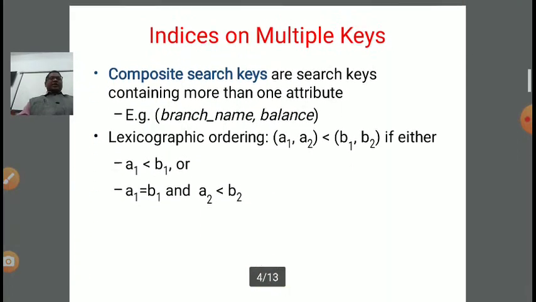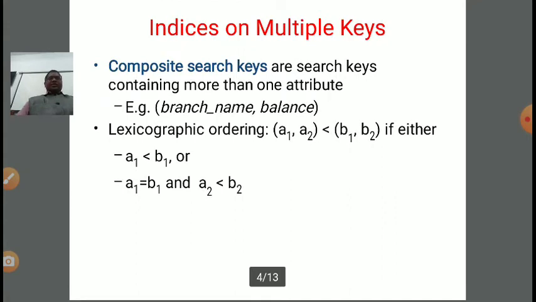Now, indexes on multiple keys. Composite search keys are search keys which contain more than one attribute. As the name implies, a composite search key contains more than one attribute in it. Example: branch name and balance, right? Now next is lexicographic ordering.